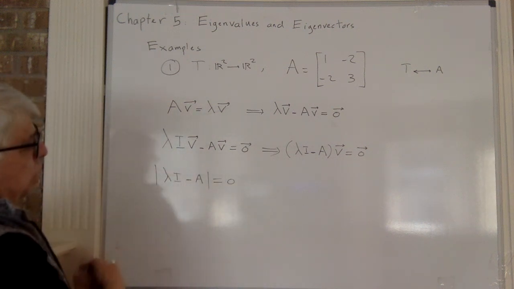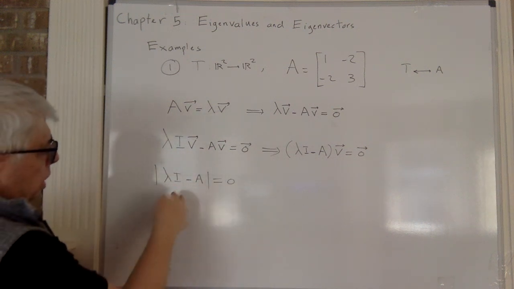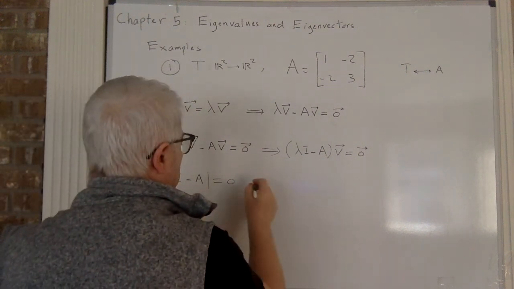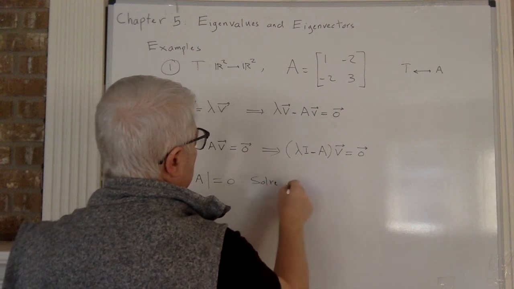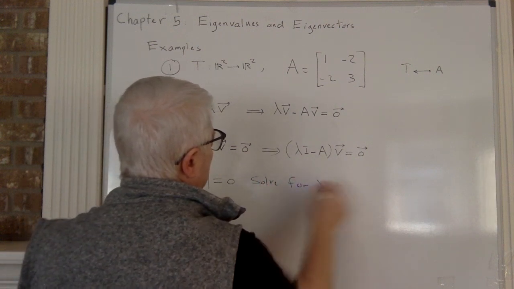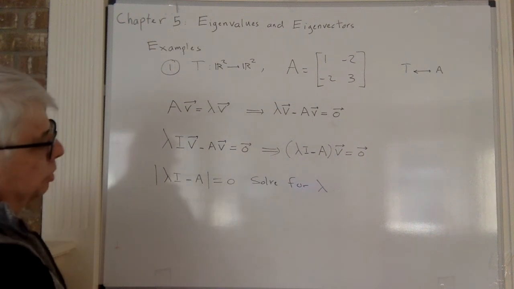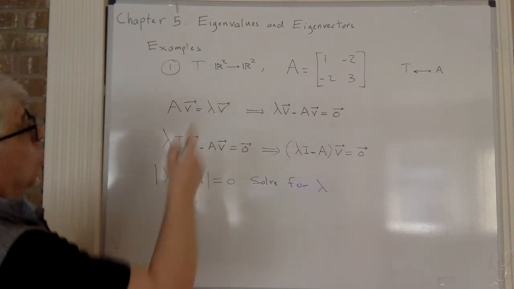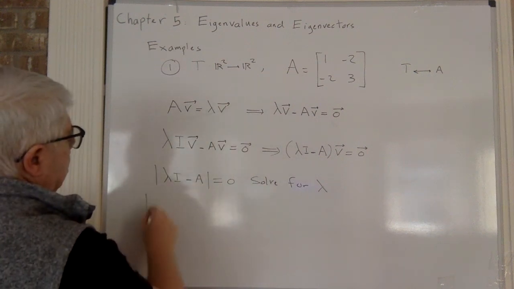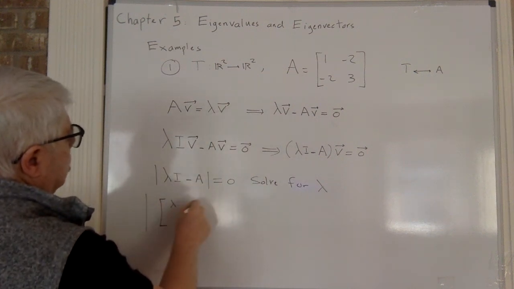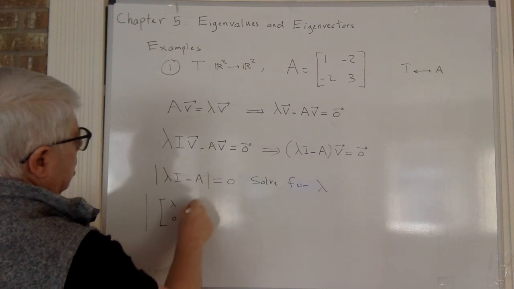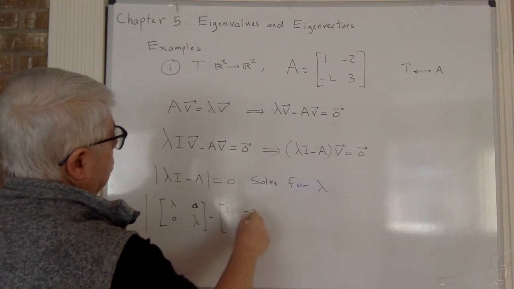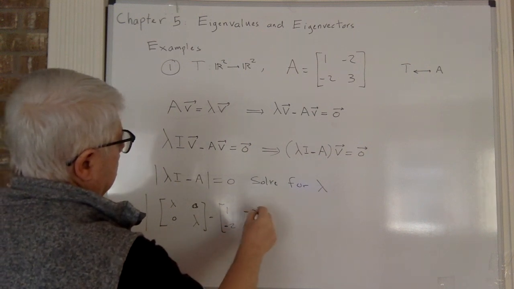Now what does this give me? What is unknown here? A is given, so the unknown is lambda. Solve for lambda. Now, okay, let's see. Over there we have lambda I is basically lambda 0, 0, lambda, right? Minus A, which is 1, negative 2, negative 2, 3.